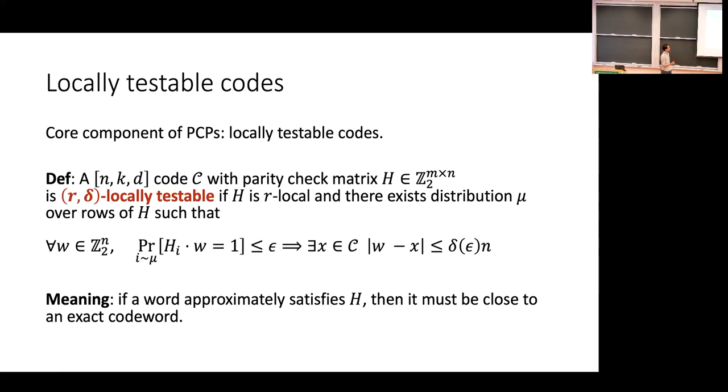That's why there's a statistical aspect: you choose randomly, and if you see that the fraction of errors is small, then you have high confidence that it was correct.